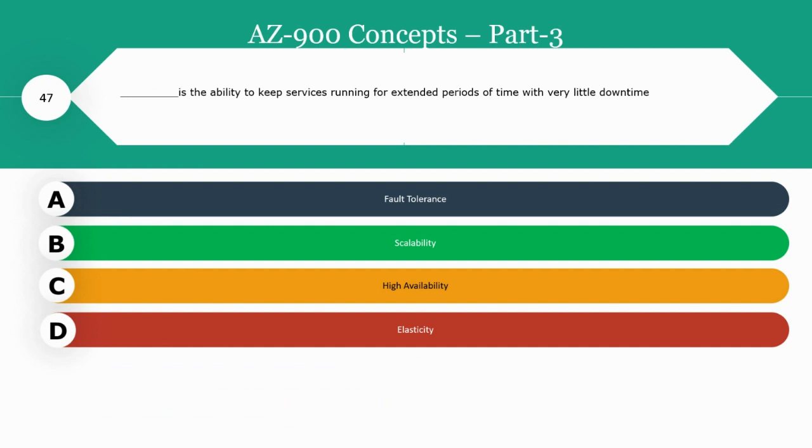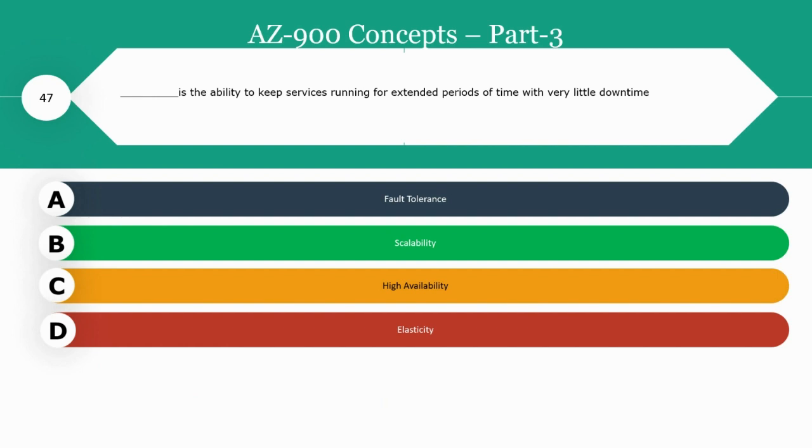Dash is the ability to keep services running for extended periods of time with very little downtime. That is, the resources should work for an extended time period. Even if there is a fault, the other resources which are available in the landscape should take care.